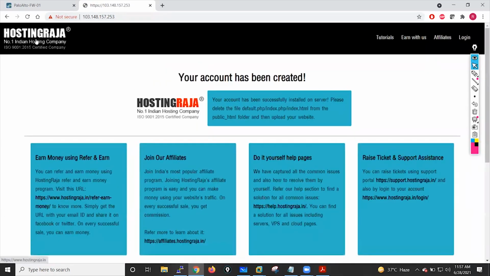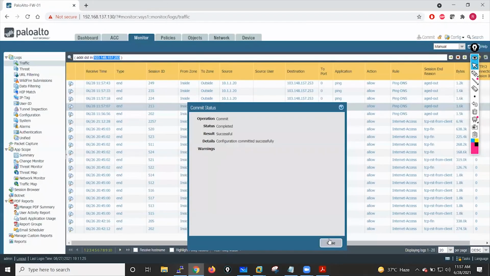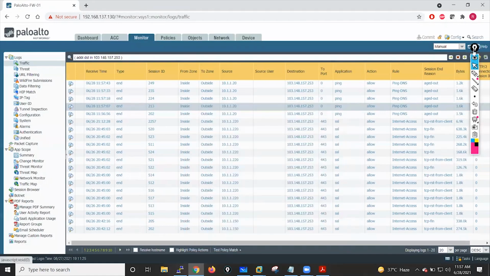So we are getting our website here, right? Hosting Raja, because we purchased this domain from Hosting Raja. Now what I have done is that I don't have anything with respect to routing. Now I don't have any routing, right?